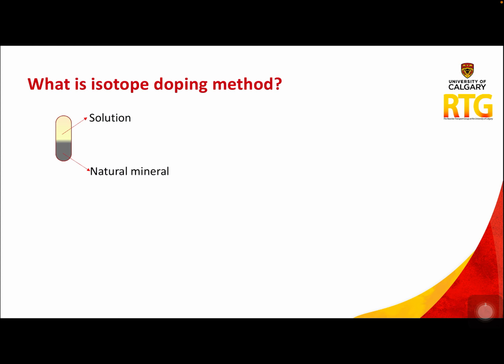So what is the isotope doping method? Imagine we have an experiment going on. The solid in our solution is talc, which is a natural mineral, and the formula of talc is Mg3Si4O10(OH)2, and the fraction of the silicon in talc is the natural composition.